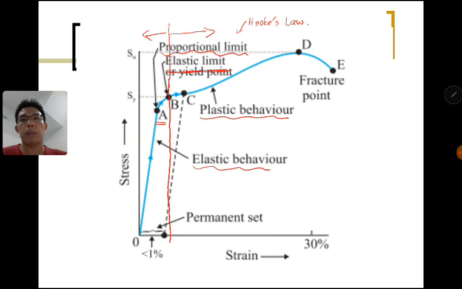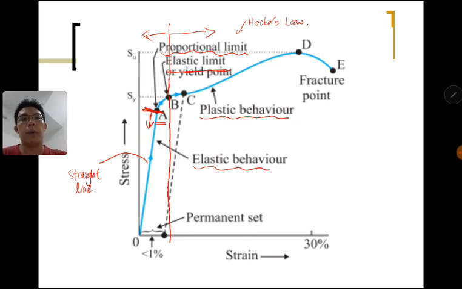For some materials, these two points are actually the same point, but they are slightly different. Proportionality limit is the point after which it will not follow Hooke's law anymore. Before this point, it is a straight line, because it obeys Hooke's law.